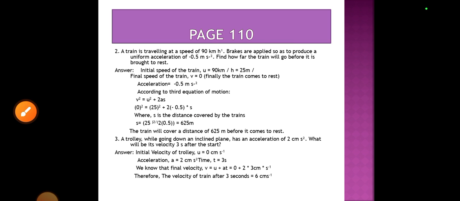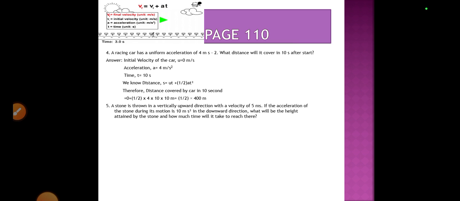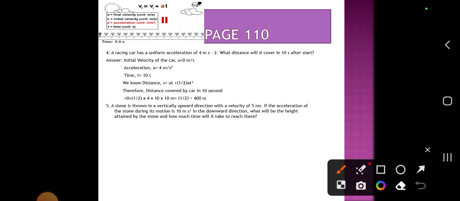So moving to the next question. A racing car has a uniform acceleration of 4 meter per second square. What distance will it cover in 10 seconds after start? Here the initial velocity of the car is 0, because it is said after start, so it has not started yet.